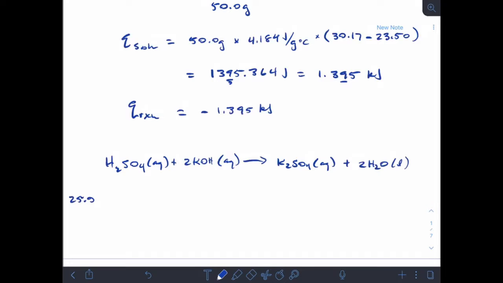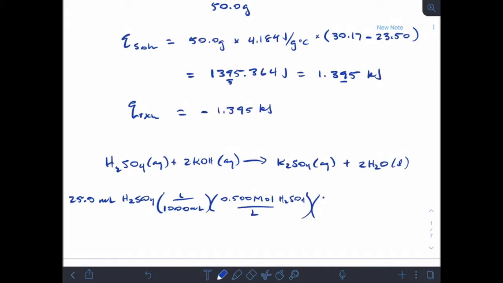So we started with, we're told that we have 25 milliliters of H2SO4. We're going to convert that to liters so we can use the molarity, which we're told is 0.5 moles of H2SO4 per liter.